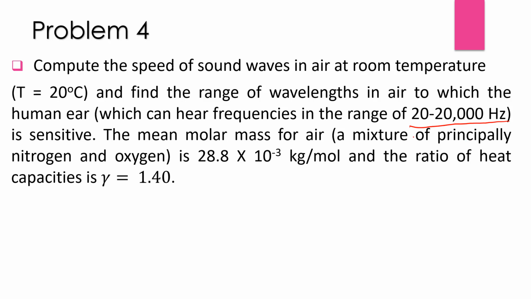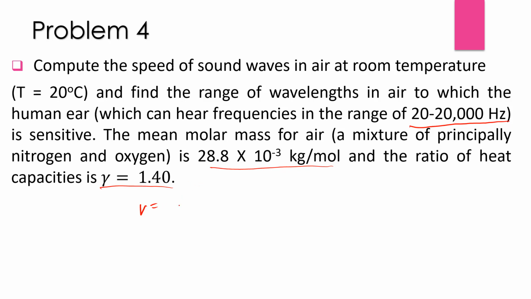We have to take note that M, the mean molar mass for air, is given, which is equal to 28.8 times 10 to the minus 3, and the ratio of heat capacities, gamma, in air is 1.40.